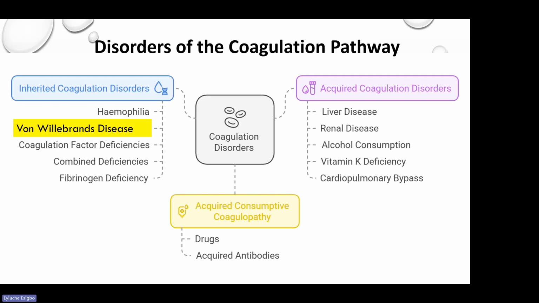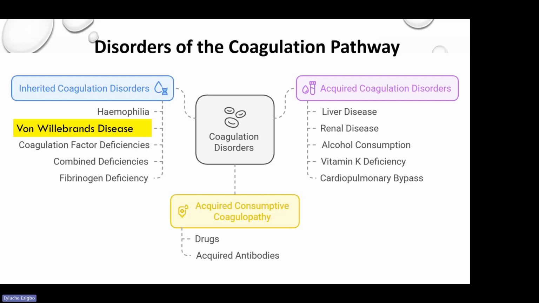Under this sub-classification, hemostatic disorders can also be classified into inherited coagulation disorders, acquired coagulation disorders, and acquired consumptive coagulopathies.